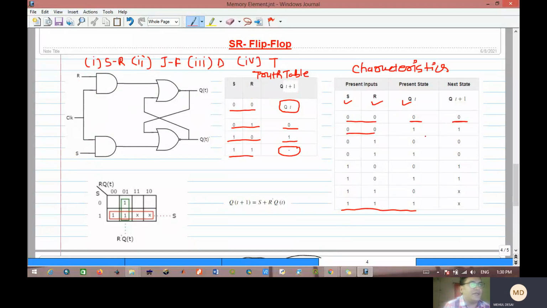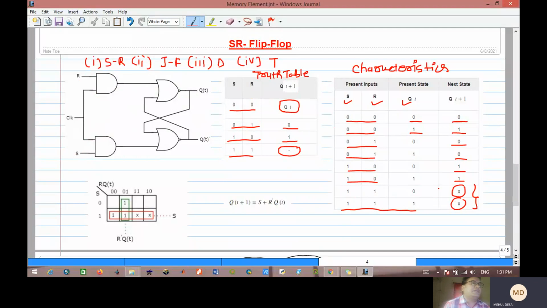So for 0 0 once again here 1, we get 1. For 0 1, at that time the answer is 0. For 1 0, at that time the answer is 1, and for 1 1 at that state the output is undefined. So here don't care condition means these two outputs are undefined.